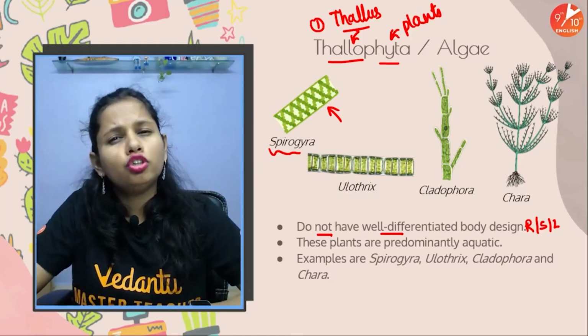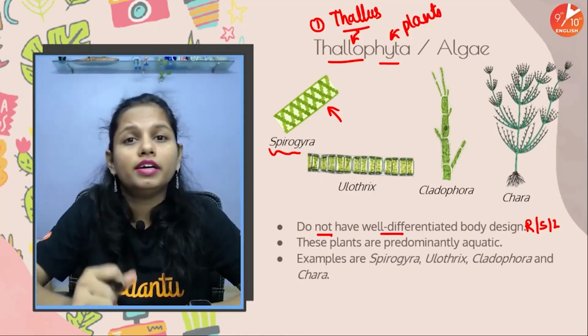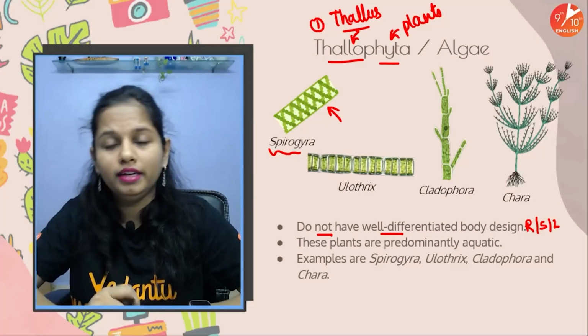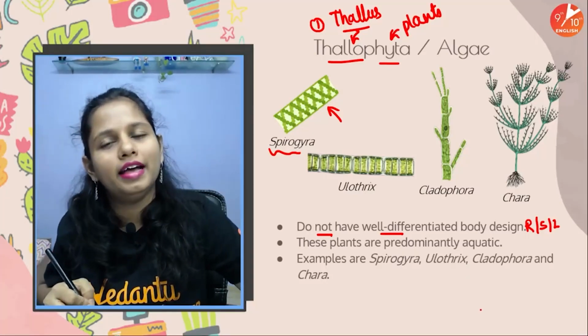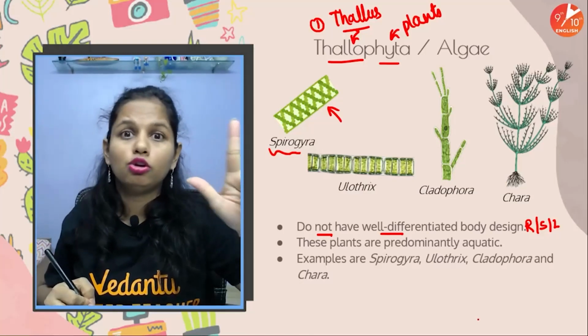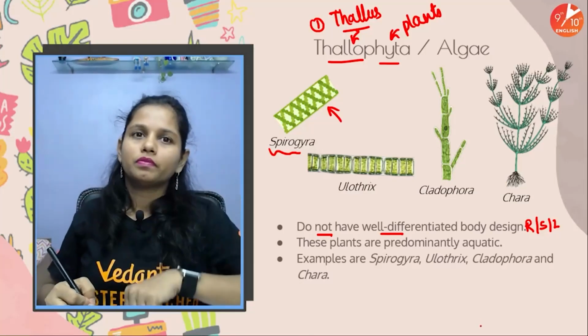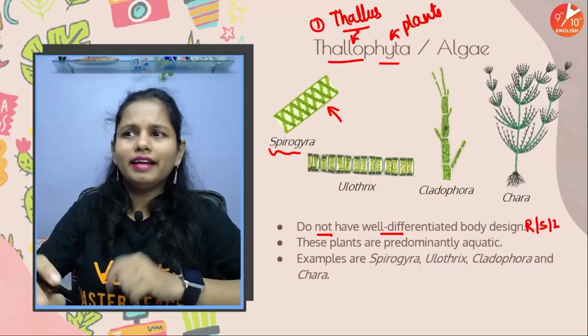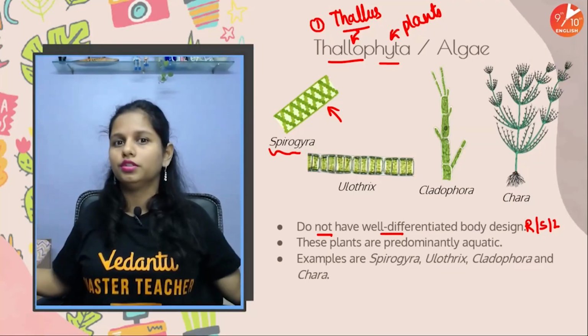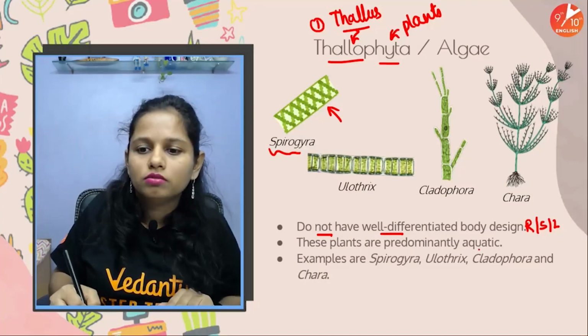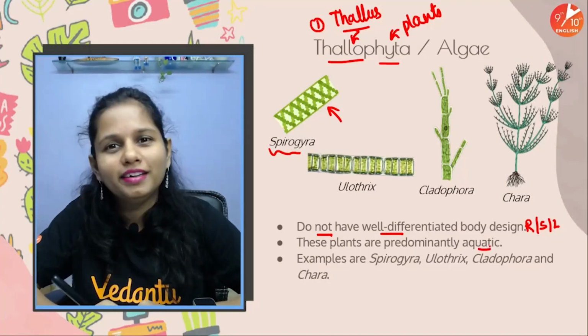Now, most of the algae are included under this division, and that's the reason why this division itself is usually referred as algae. Thalophytes are also referred as algae. Now, we know that algae are predominantly found in water. They grow in water, na? So, they are aquatic, predominantly aquatic.